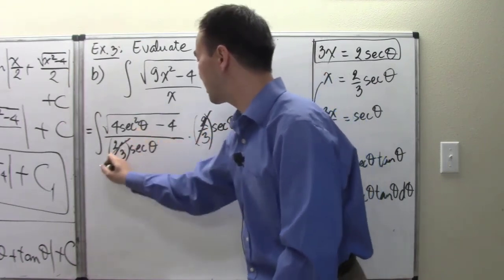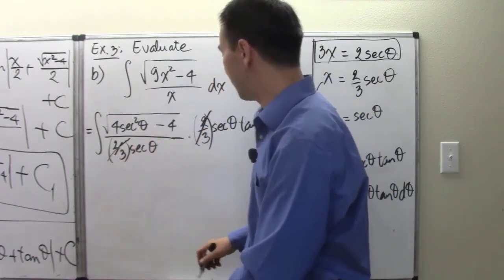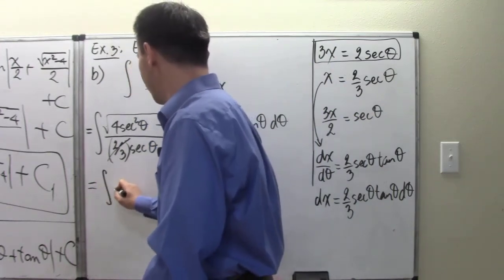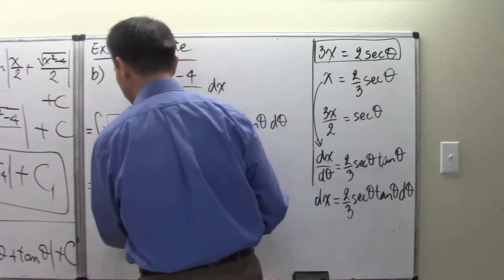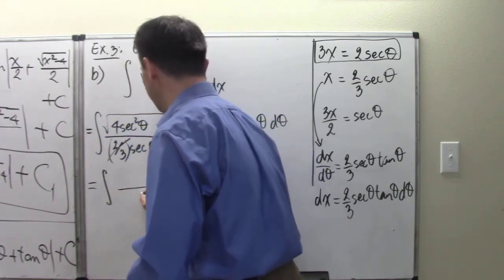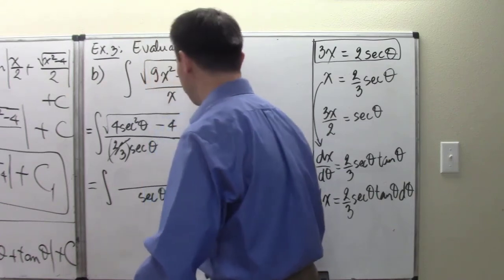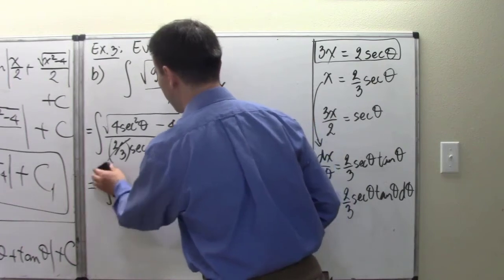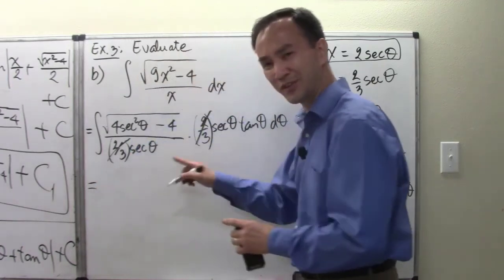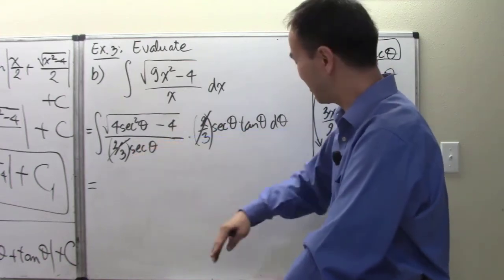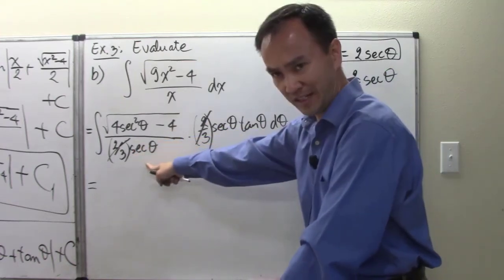There's a secant of theta in the denominator, and I should have pointed out that the secants also cancel with that secant.